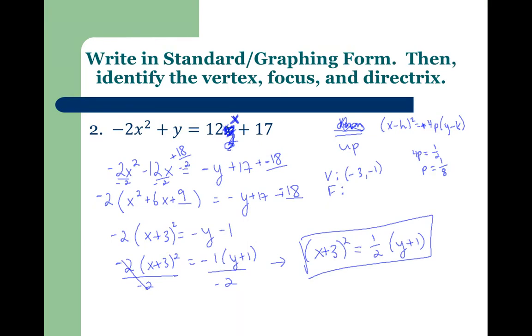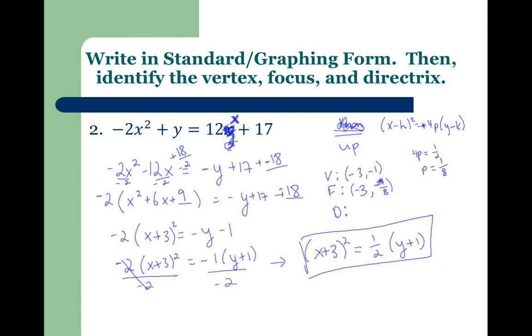So I'm going to be going down. So that's going to affect y. So negative 3 and then negative 1 minus 1/8 is negative 9/8. And then I'm going to be going up to get to the directrix. No, I just did that wrong.